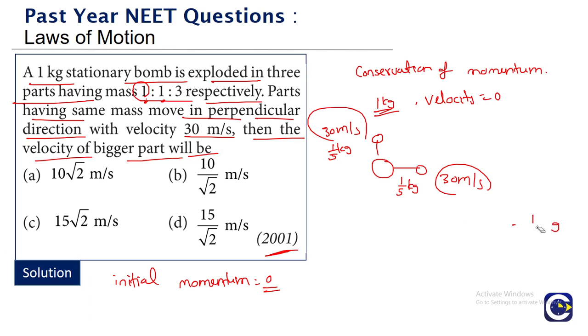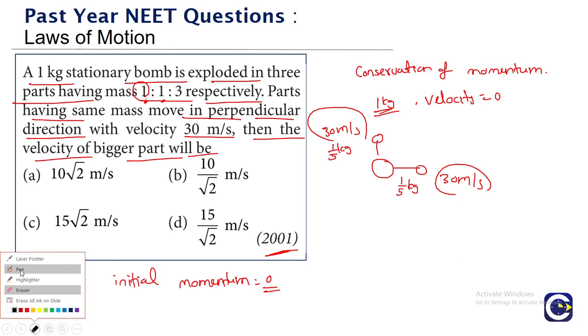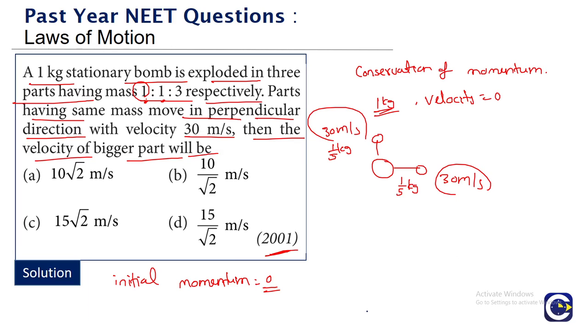The momentum of each of the 2 parts, 1/5 kg and 1/5 kg, is mass multiplied by velocity, 1/5 into 30, which is 6 kg meter per second. Similarly, the other one is also 6 kg meter per second. Now these momenta are vectors, and they are in perpendicular directions.